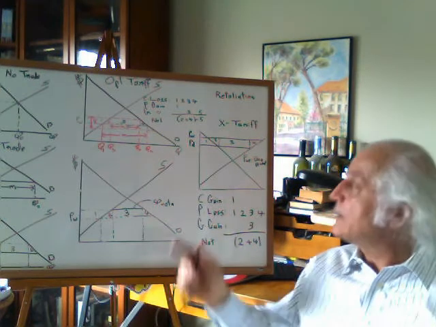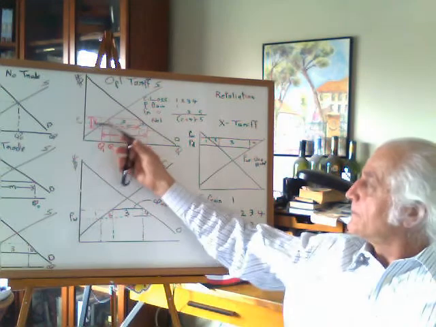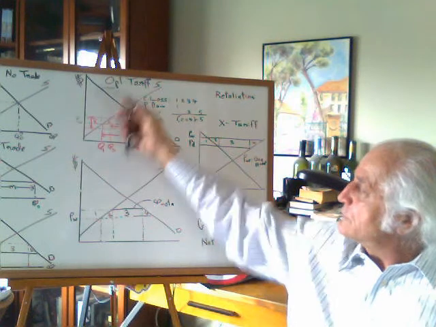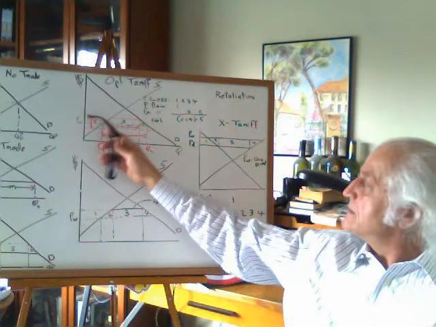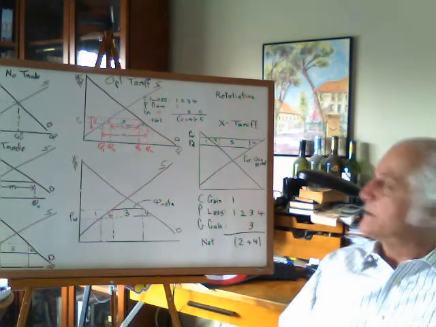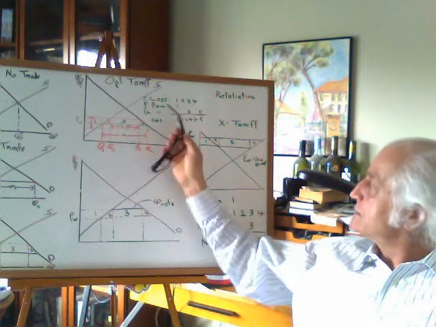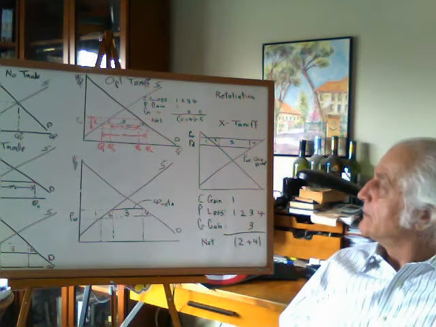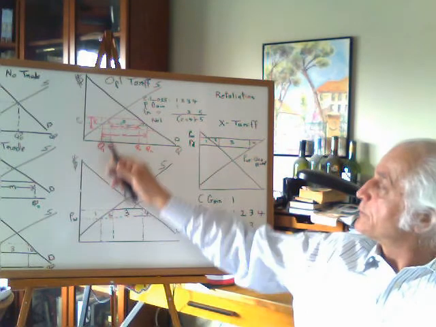So what's happened right now to this particular market? Notice, this used to be the area of the consumer surplus, right? Just like this one. Right now, this has become the area of the consumer surplus. So what's happened? The consumers have lost 1, 2, 3, and 4, right? One more time, the domestic producers used to produce this.